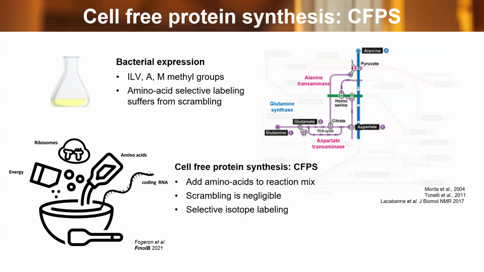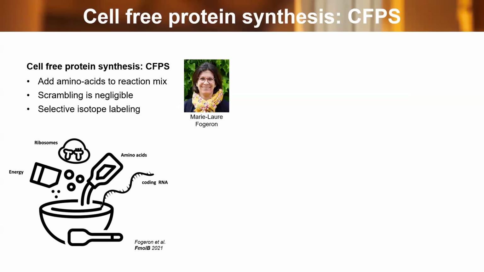Also, the scrambling is very limited. You see, it's limited to this. And you can even use enzymes that block these reactions, so you can really label what you want. This was developed in the lab by my colleague Marie-Laure, who even improved it.